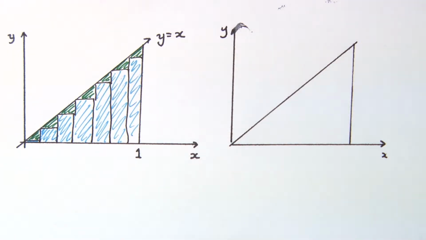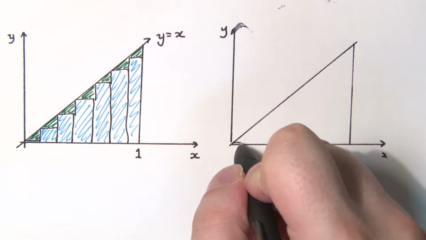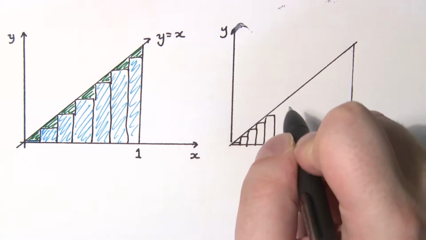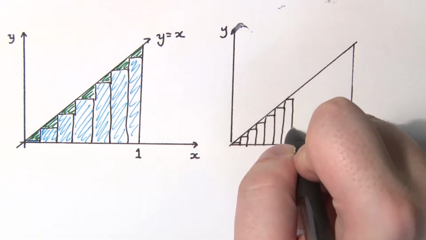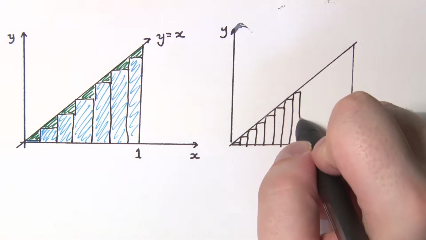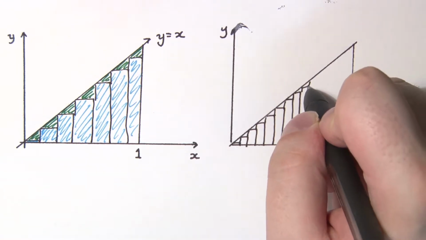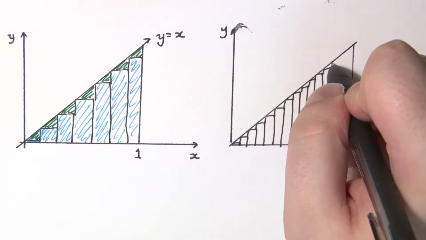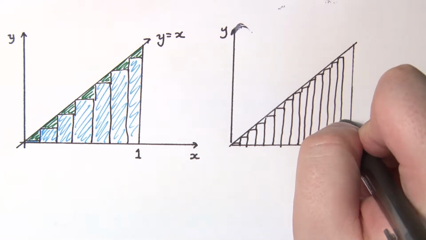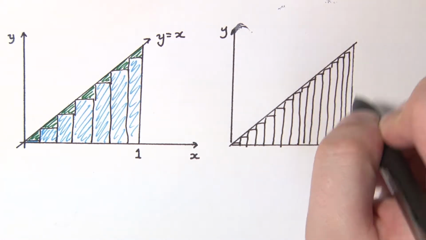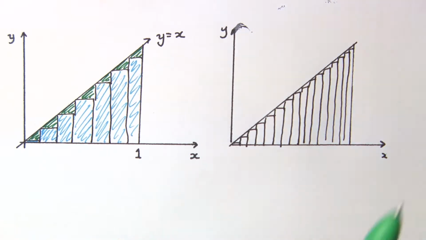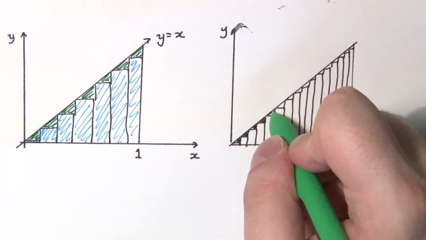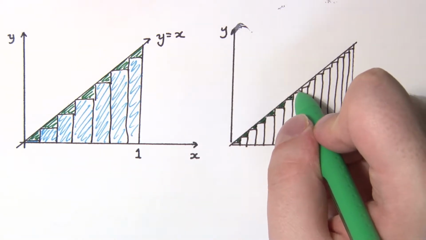So that if I have much smaller rectangles, you can see that that area that I'm not counting anymore in the green is getting smaller and smaller and smaller every time I make thinner and thinner and increase the number of rectangles in it. So you notice that the area here, kind of our error, is getting smaller and smaller as I increase the number of rectangles.